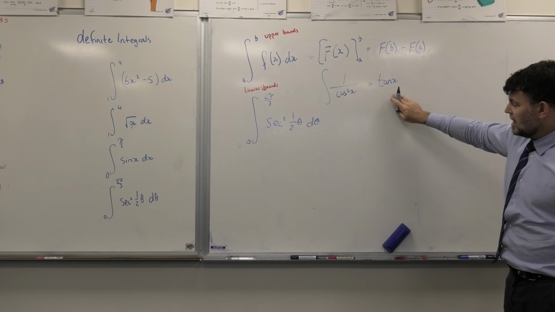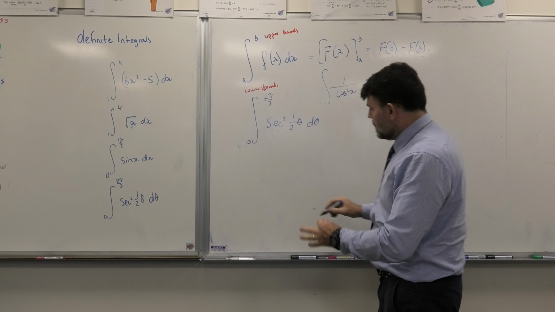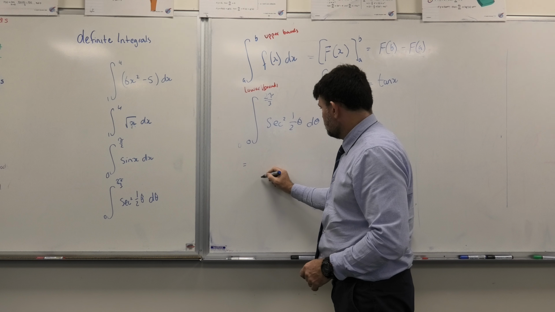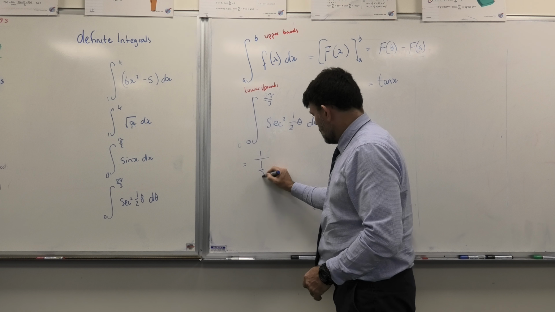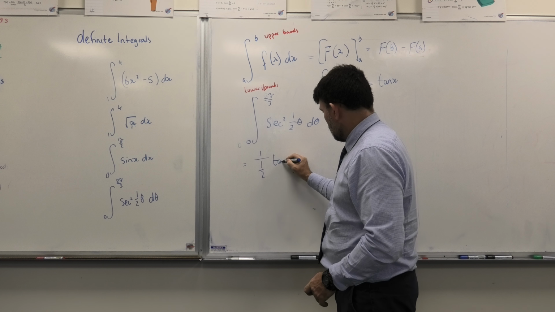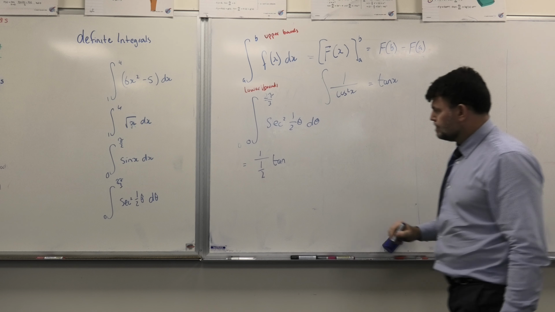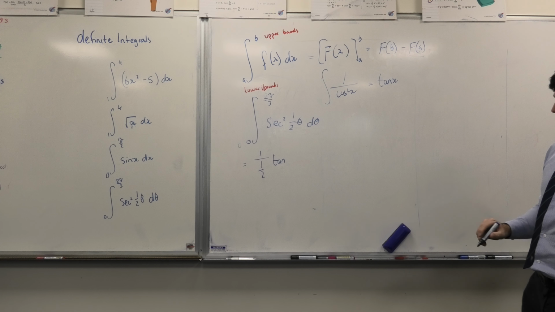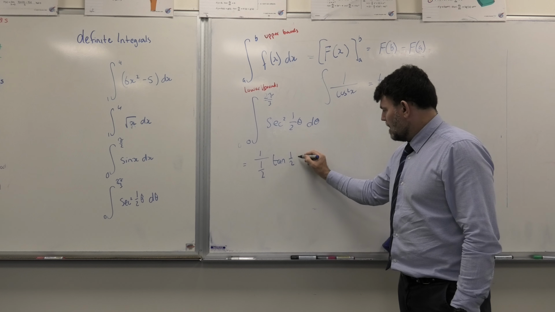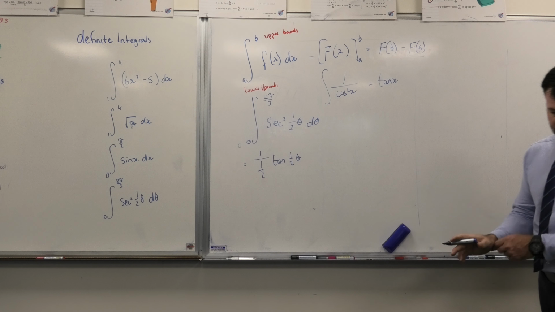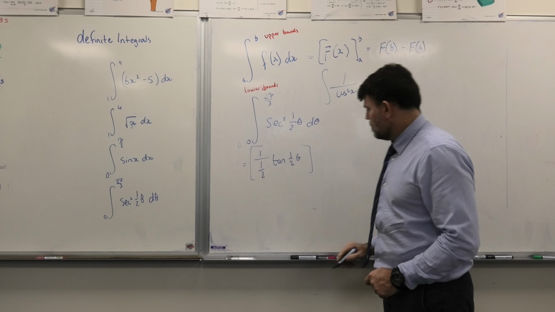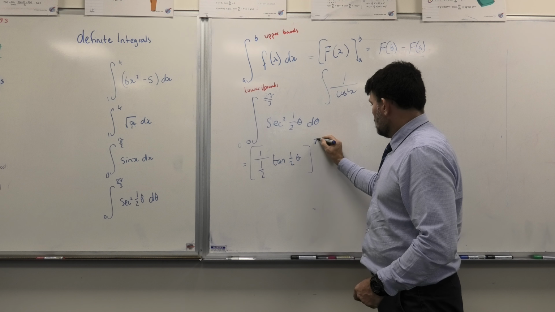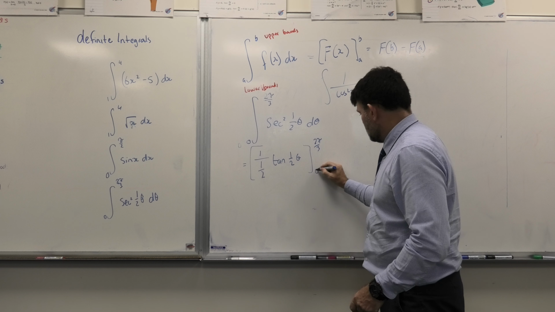So let's work that out. We're dealing with theta here, so we get 1 over 1 on 2, tan half theta. Let's now fix this up between 2 pi on 3 and 0.